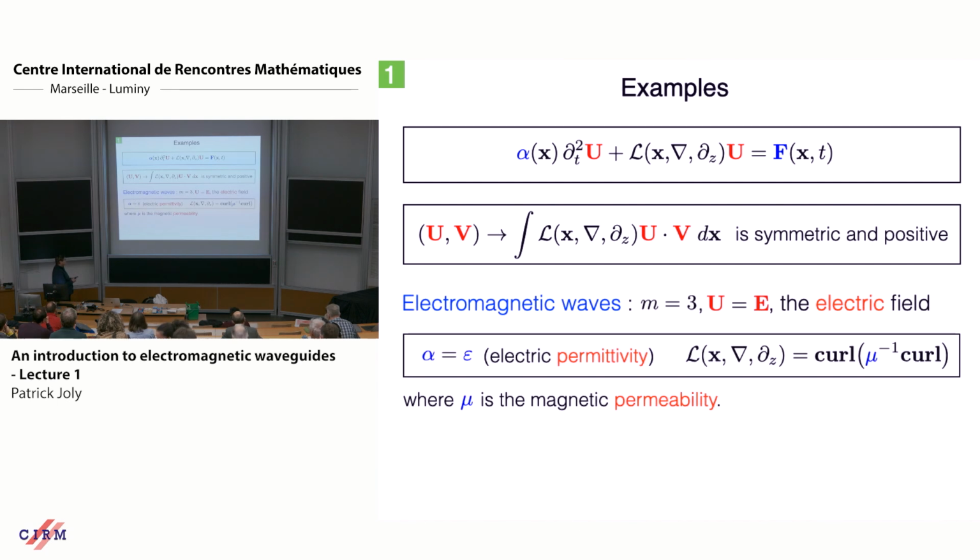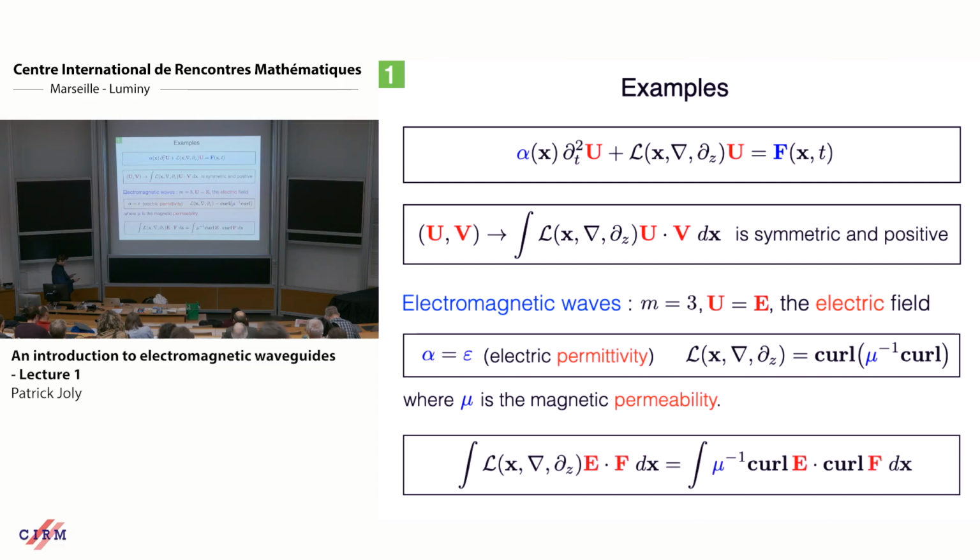In electromagnetism, I will consider that the unknown is the electric field, it's a choice, so it is vector valued. This time the operator is a curl-curl operator with variable coefficients, and the bilinear form associated to this operator is this one, again clearly symmetric and positive.